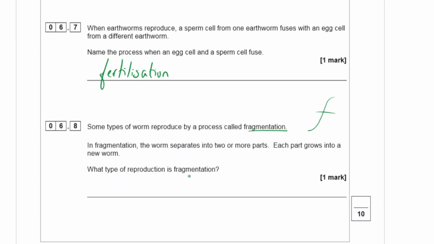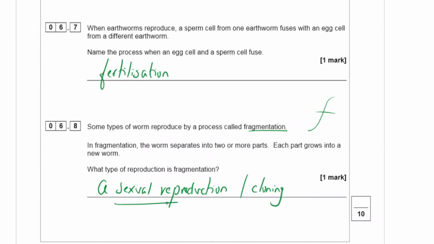What type of reproduction is fragmentation? Well, you started off with one earthworm and you cut it into two to grow into two. So that's asexual reproduction. Or you could say cloning.